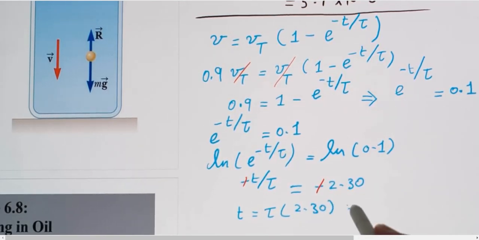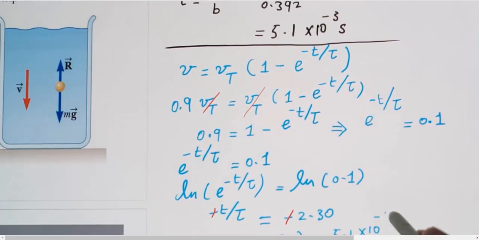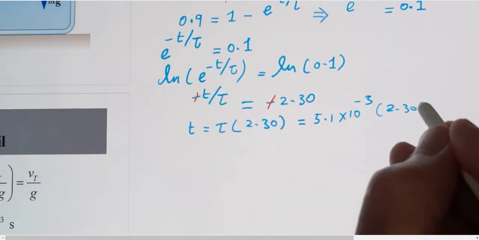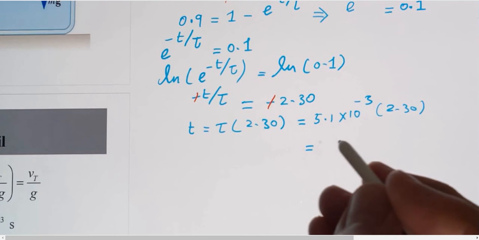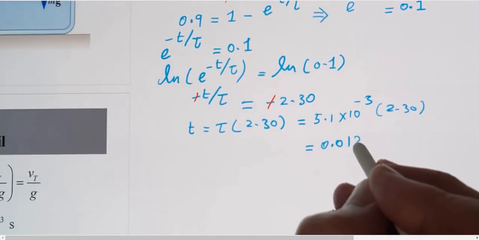Tau is 5.1 times 10 to the power minus 3, multiplied by 2.3. And that is equal to 0.012 second.